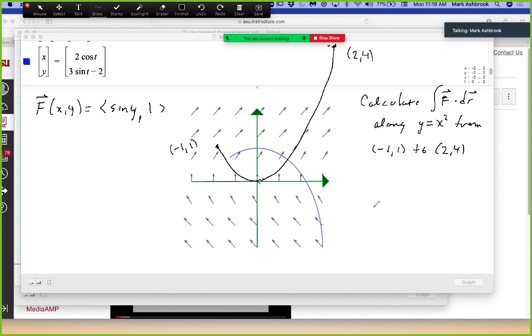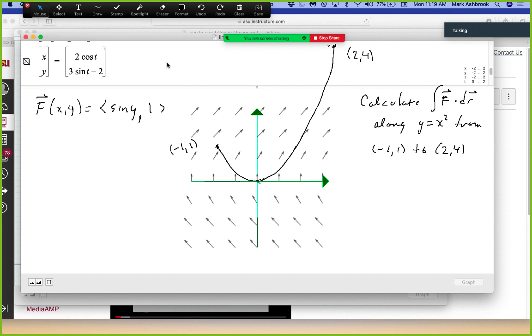So what do we need to set up a line integral of a vector field? We basically need two things. What are the two types of functions that we need?